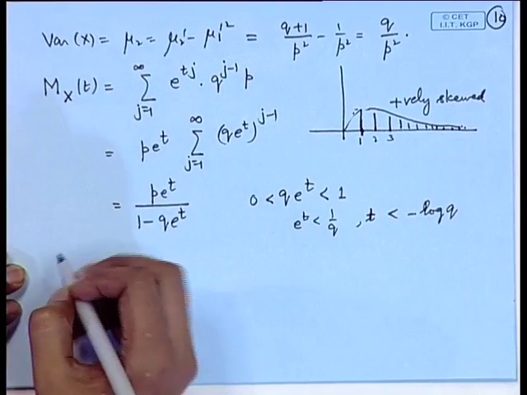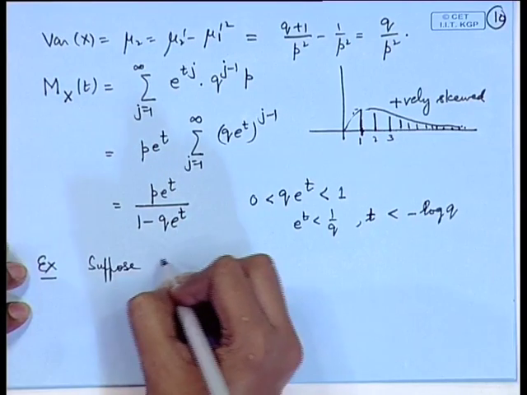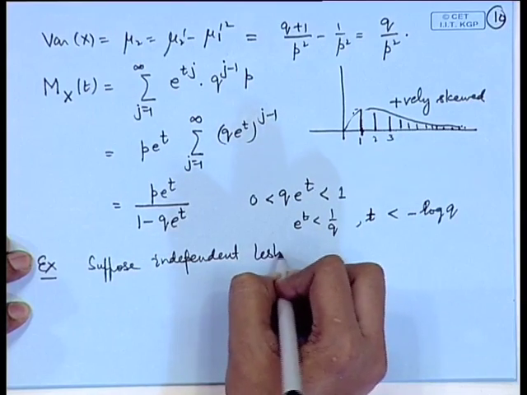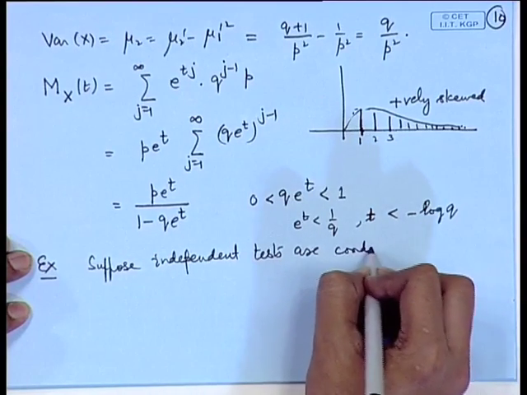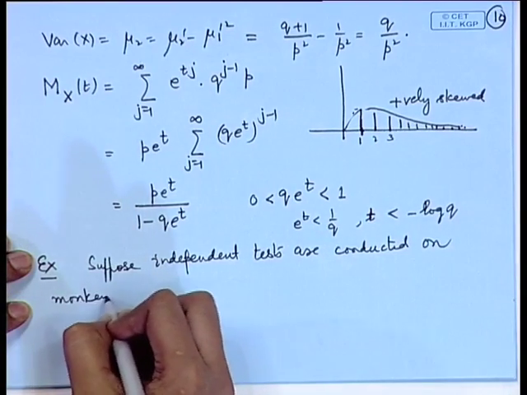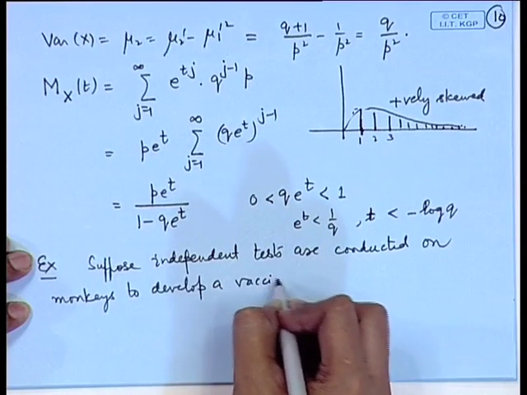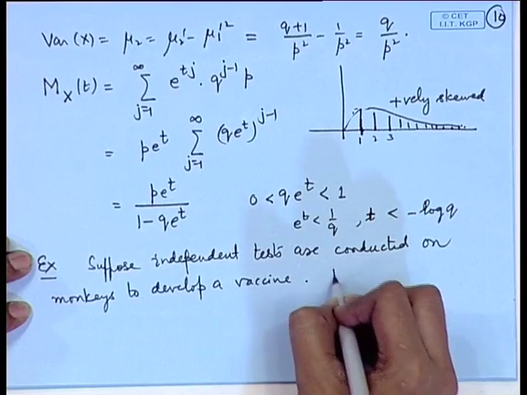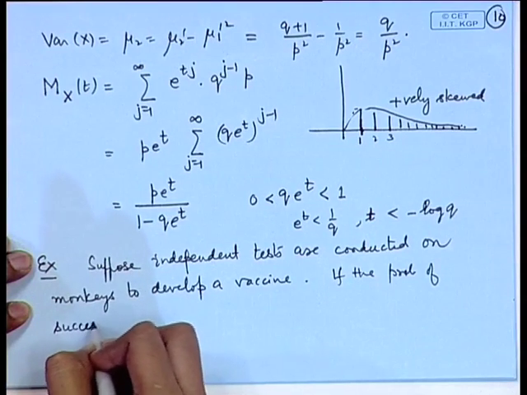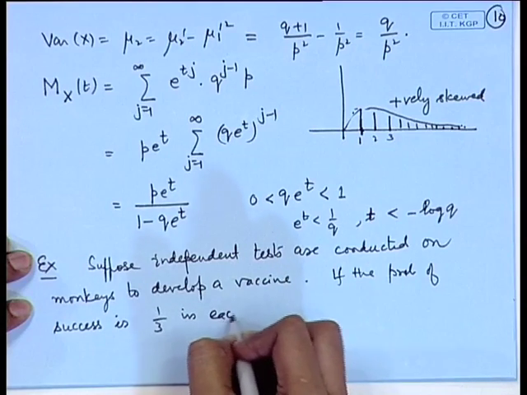Let me give one example here. Suppose independent tests are conducted on monkeys to develop a vaccine, if the probability of success is 1 by 3 in each trial.